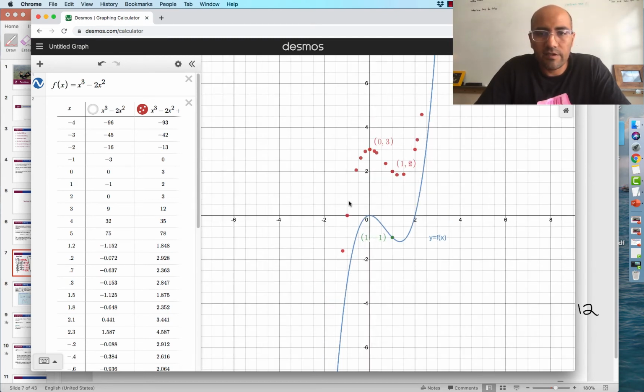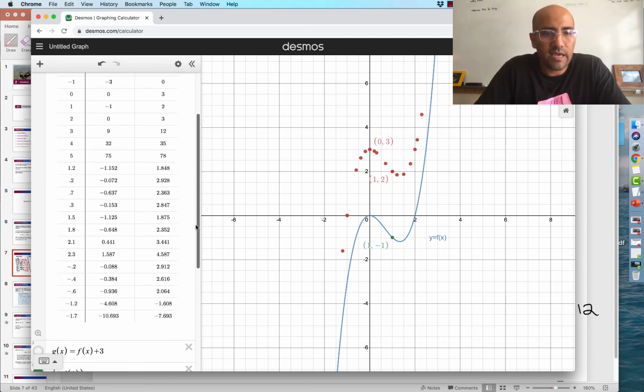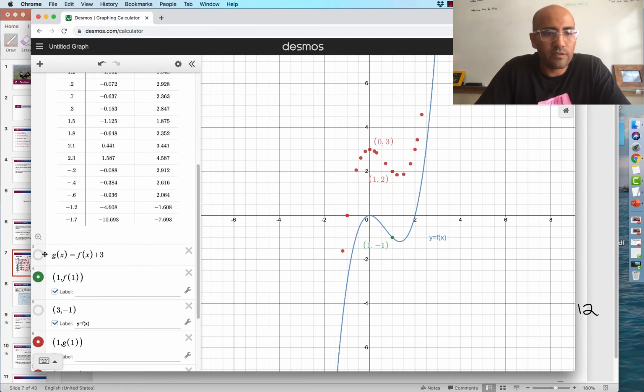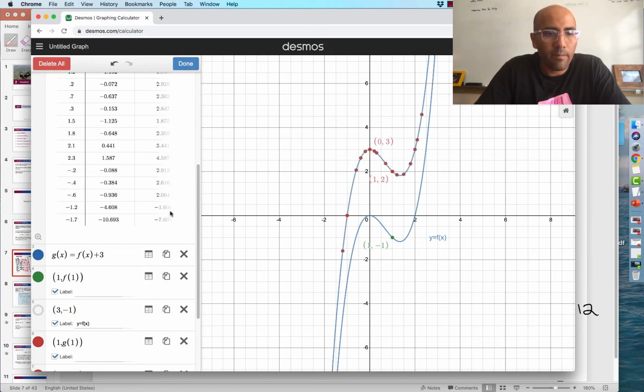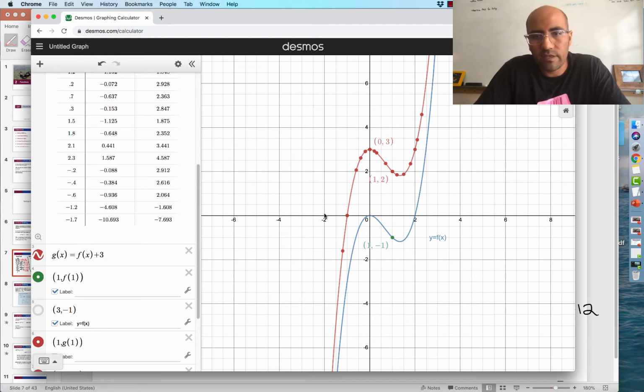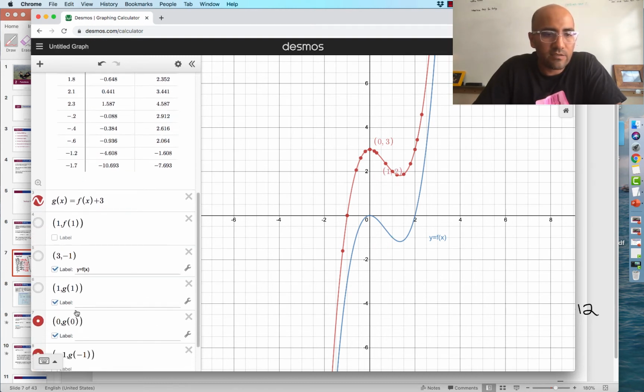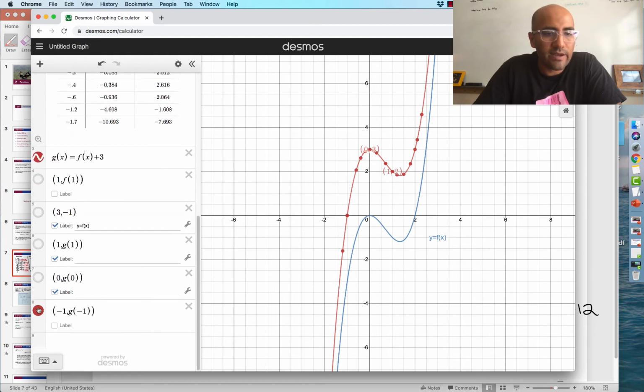We see that eventually, as we graph more and more of these points, the new function is equivalent to the old function, but shifted up, right? It's the same shape, but the whole thing gets shifted up by 3 units. So that's what happens when you add 3 to the original function. You shift it up by 3 units. Okay, nothing special about the actual number 3. So let's look at what happens as we add or subtract different values.